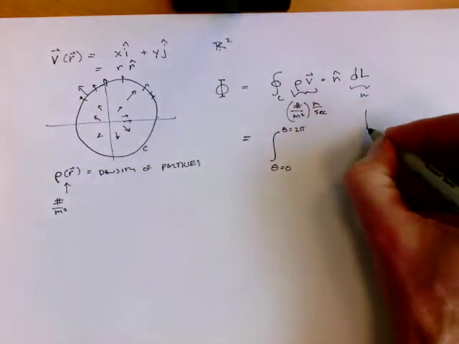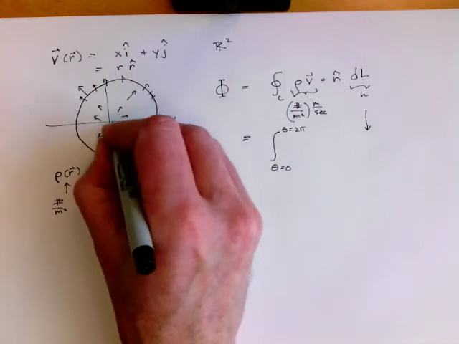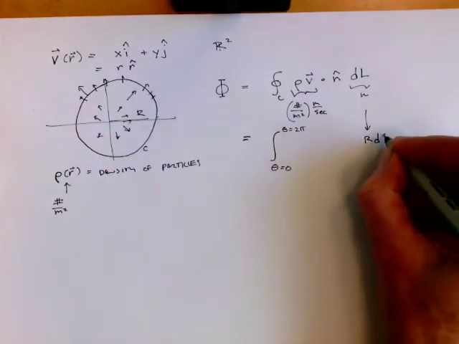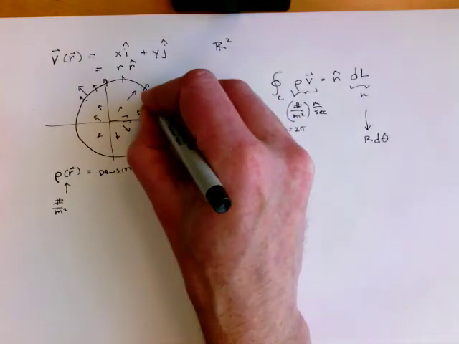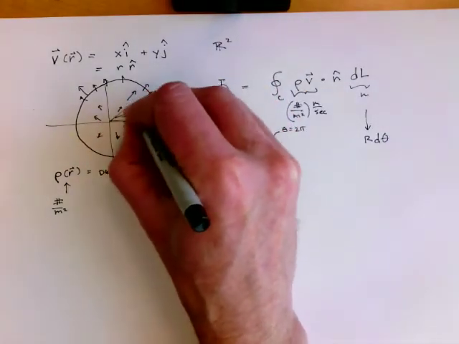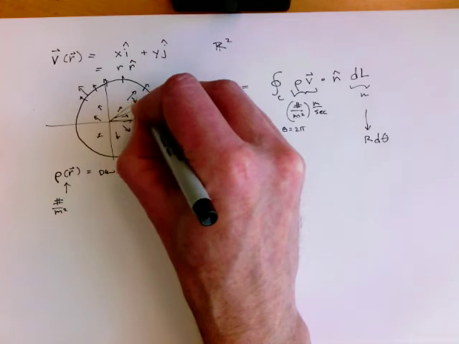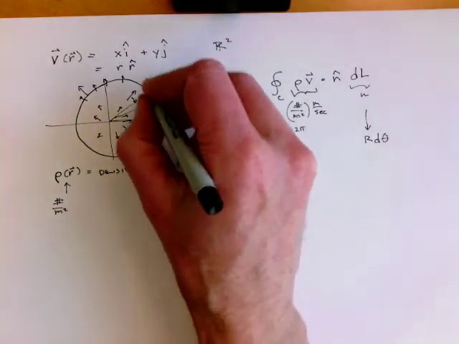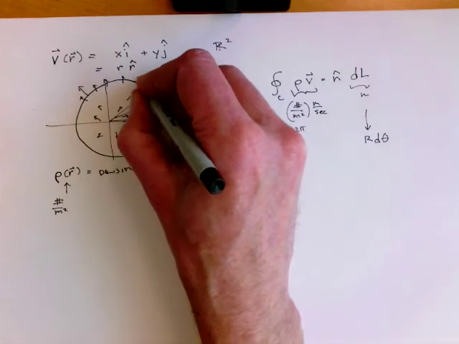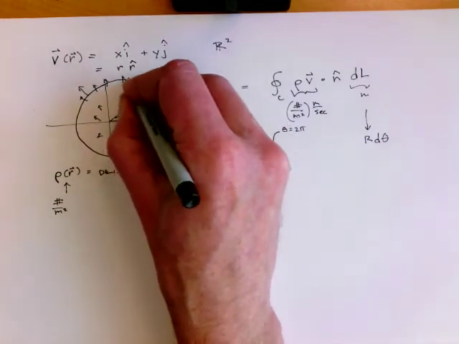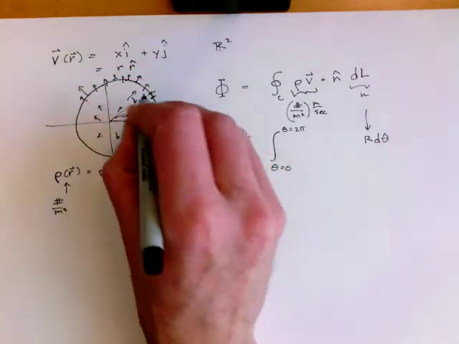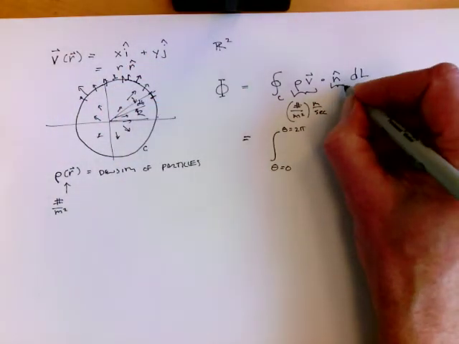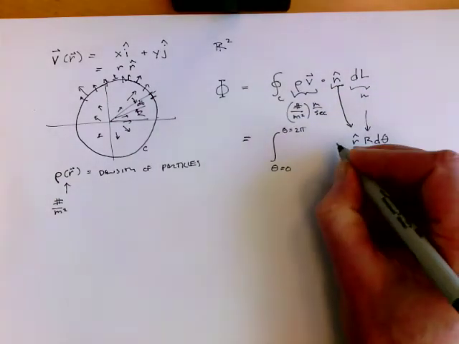My dl is simply going to be whatever the radius of this circle is, so let's call that big R. So R d theta, that's the length of a little chunk where my differential angle is d theta. N hat for this case is going to be a normal vector to my little chunk of length, so at each point n hat is going to be in the r hat direction. So n hat here becomes r hat.